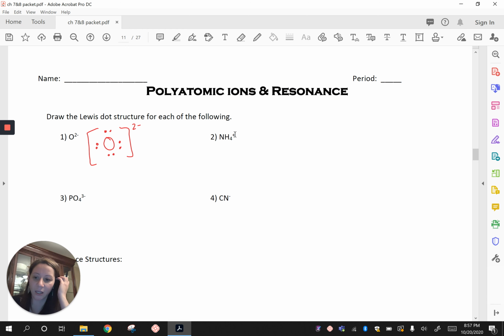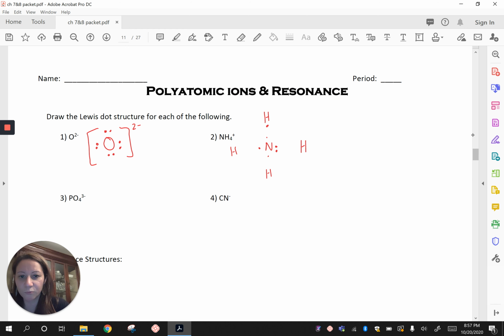You can just use your valence electrons like we've been doing. I'm going to show you both ways. The first way is to draw it normally. So nitrogen has 5 valence electrons, 1, 2, 3, 4, 5. And then we're going to bond it to 4 hydrogens.